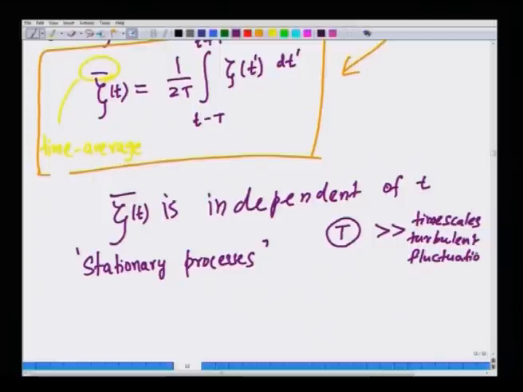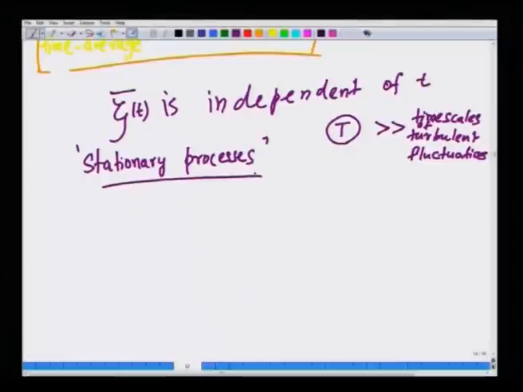Okay. If you have chosen this carefully enough, then you would expect that this is independent of T, so long as your driving force delta P is actually independent of time, which is what we are going to look at. So, this is in some sense what is called steady in the mean. The mean flow is steady. Of course, there are fluctuations about the mean and they do play an important role, but in an indirect way.